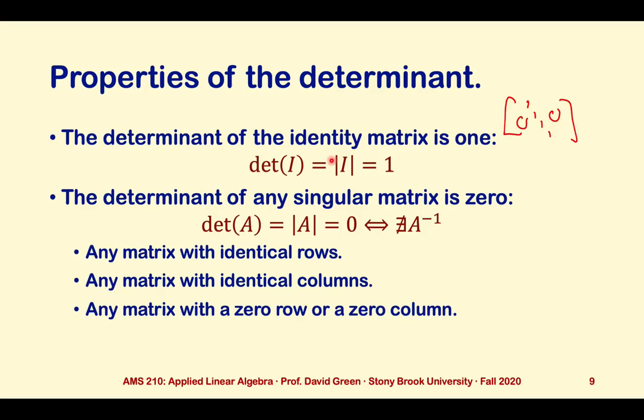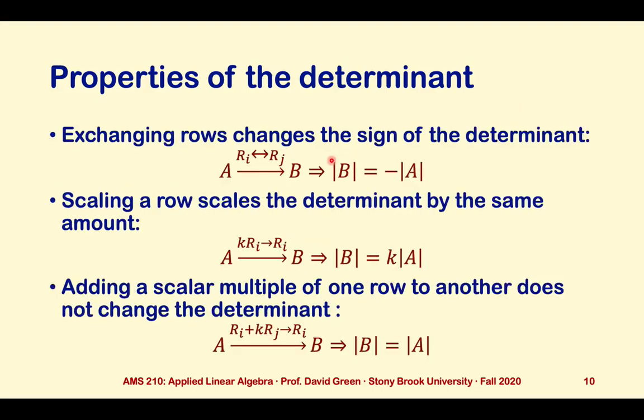How might these row manipulations that we apply in Gaussian elimination impact the determinant? If we could understand that, perhaps we could use those tools to help compute determinants. So let's review some of those properties.